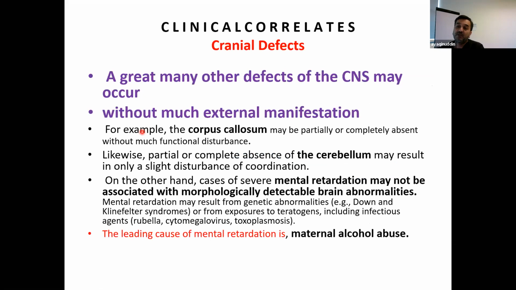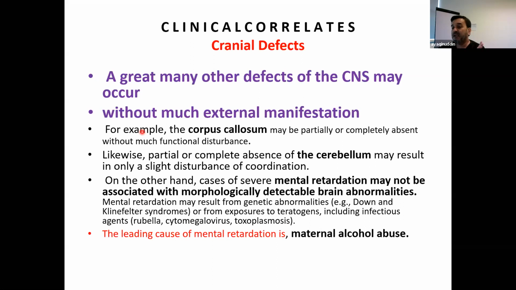But you may also find a great many other defects of the central nervous system. You do an MRI or CT scan of the brain and you would find absolutely no abnormality, and still there would be severe mental retardation, or severe issues in terms of brain development.